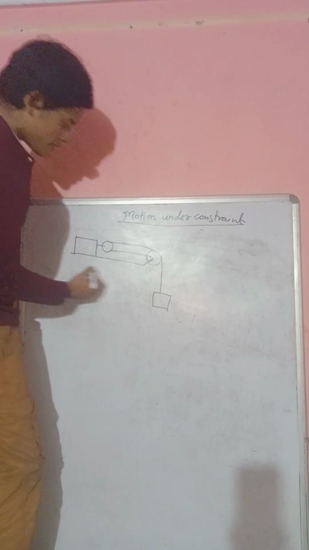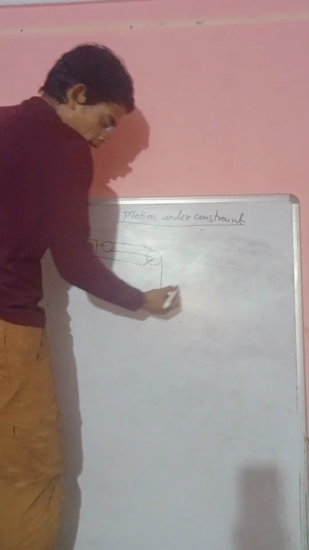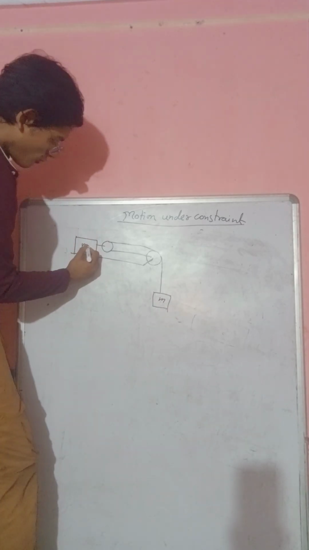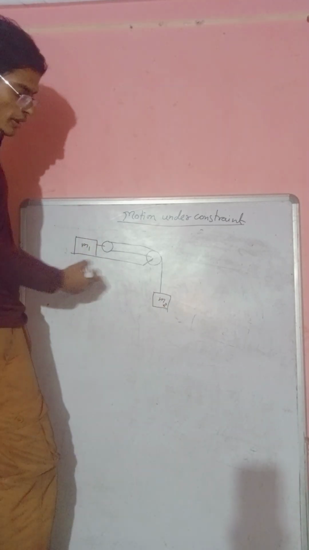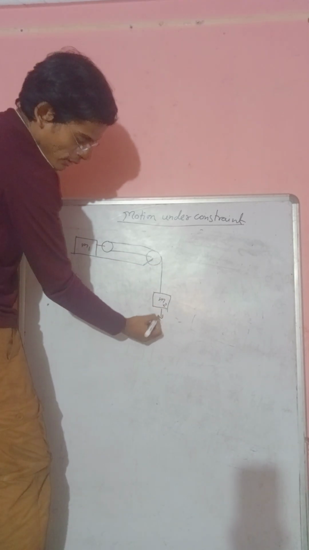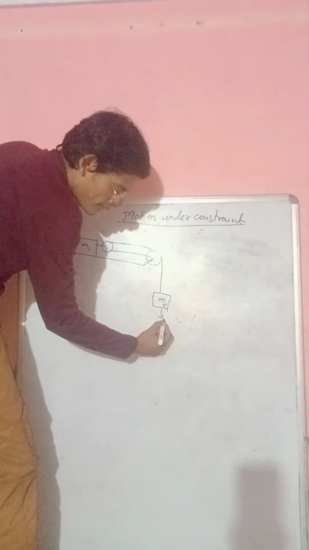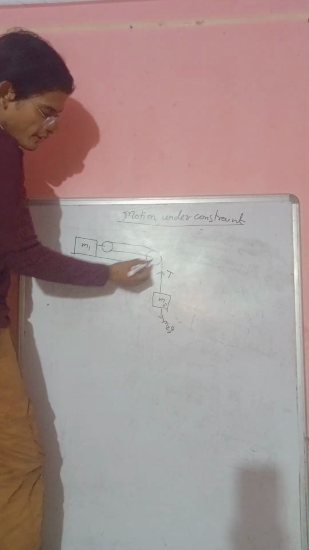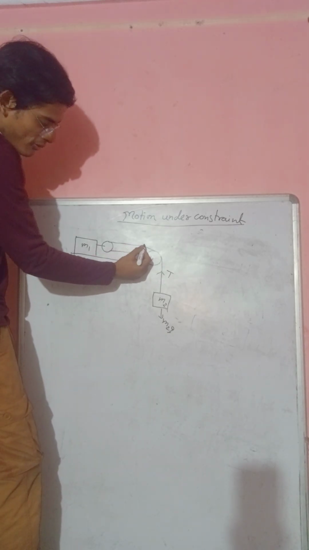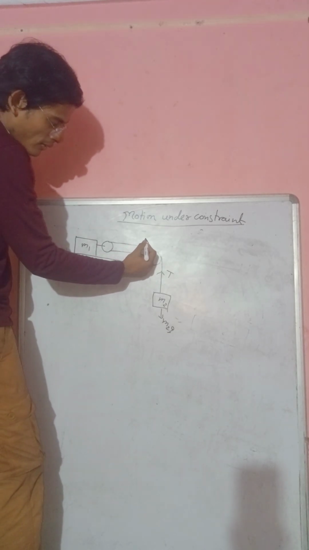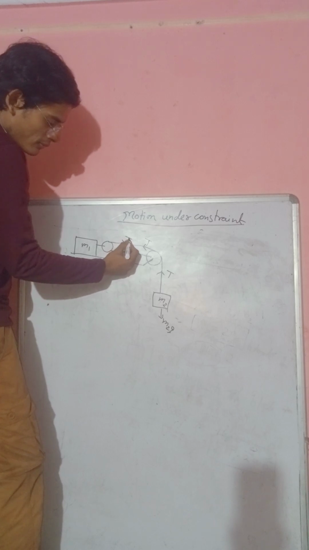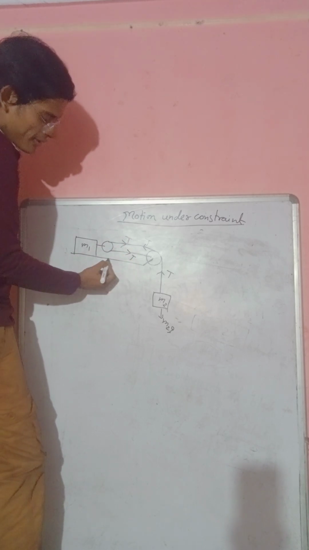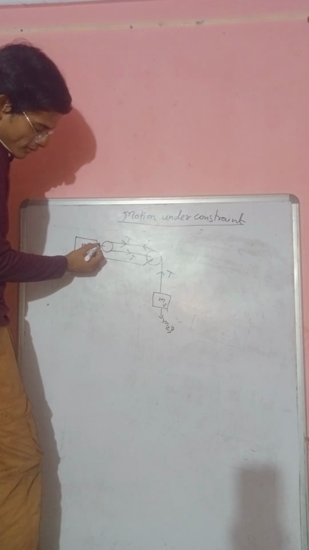So here attached, okay, now this mass is M1. Now see again the weight is in the downward direction, that is M2G. Tension force T. Same string, that means tension force here, and same string here, so tension force again T. T plus T, so this tension force will be 2T.